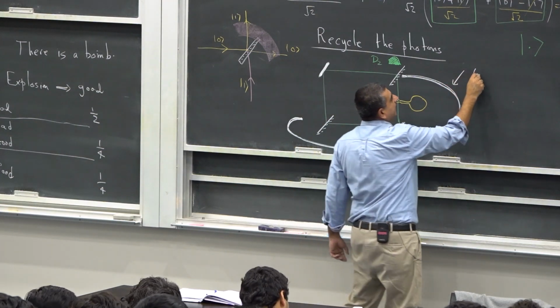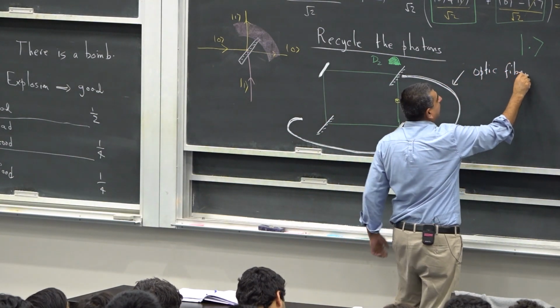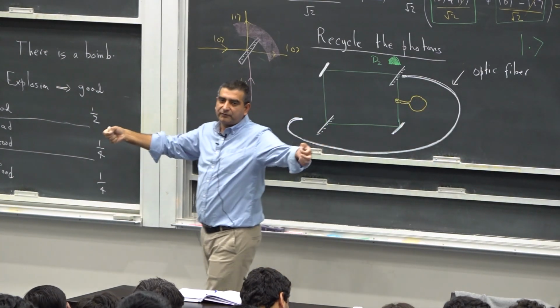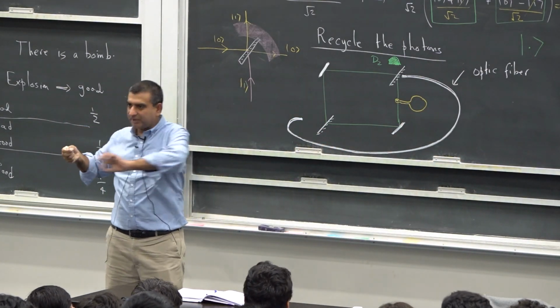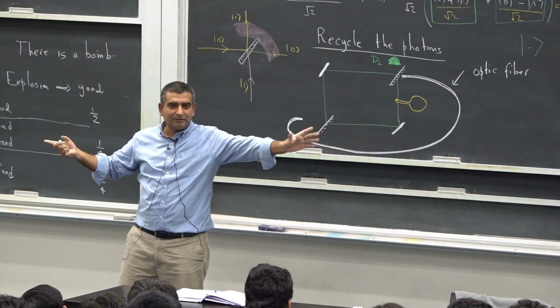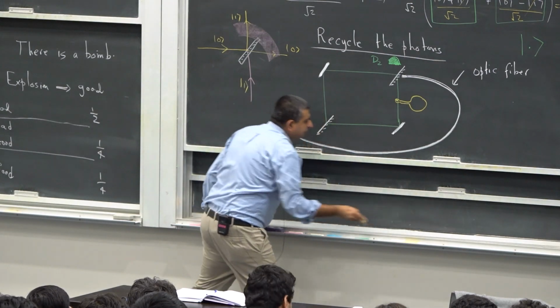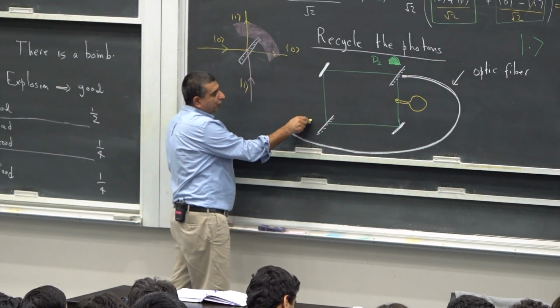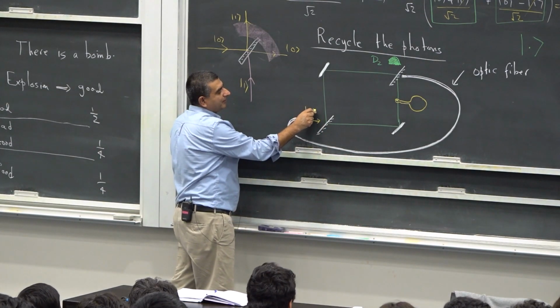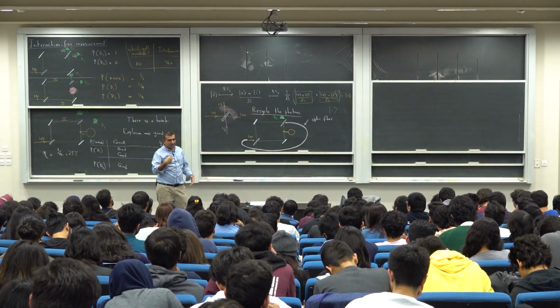This is my optic fiber. What an optical fiber does is act as a conductor, a channel for photons. Got it? So now I shine in an initial seed photon, ket 0. One seed photon comes into this interferometer and it starts the experiment.